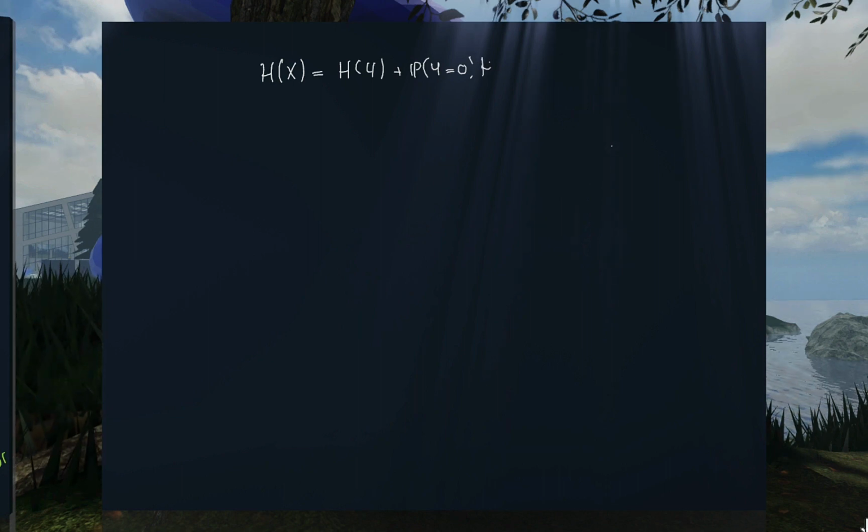So the expression that we want to write down is that the uncertainty in x is the same as the uncertainty in y, plus the probability that y is 0, weighting the uncertainty of the conditional distribution of z when y is 0, plus the probability that y is 1, weighting the uncertainty in z when y is 1, right?